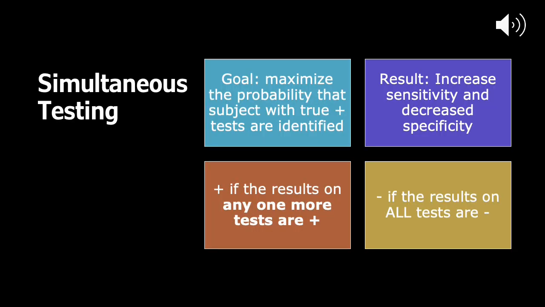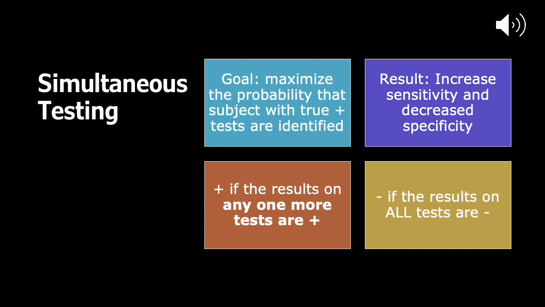Now, with simultaneous testing, the goal is to maximize the probability that the subjects with true positive tests are identified. So we're looking to increase sensitivity and decrease specificity. Again, this would be really important in emergent situations like chest pain. It's positive if the results on any one or more of the tests are positive, and it's negative if the results on all the tests are negative.